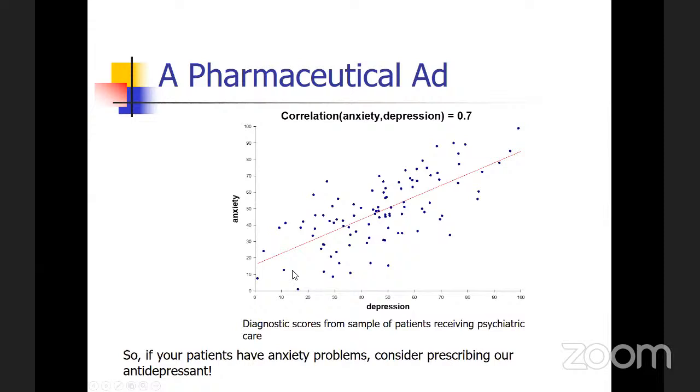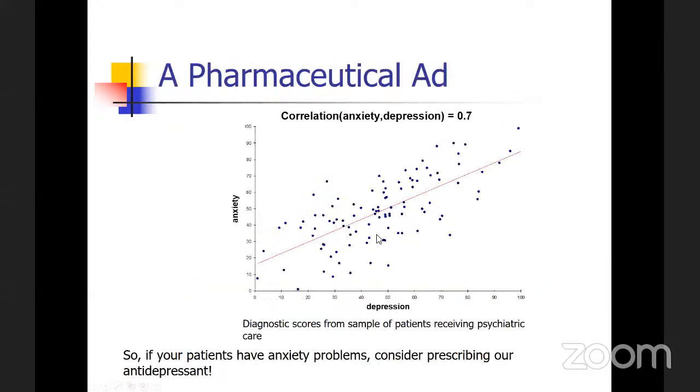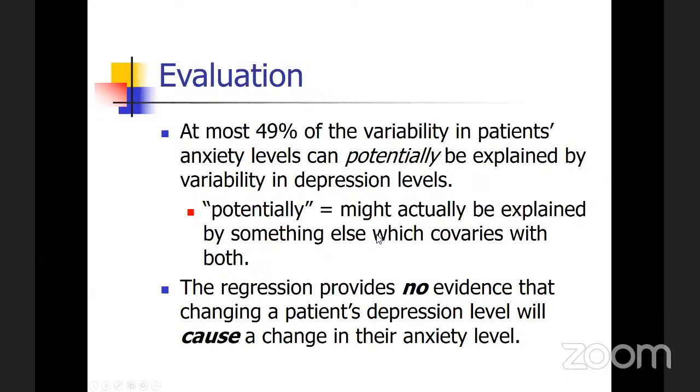So we can correlate anxiety and depression and see that there actually is a relationship. And we can say that there's actually a lot of variability, 49% of people. So even though there is a correlation, there's a lot of variability in the score.